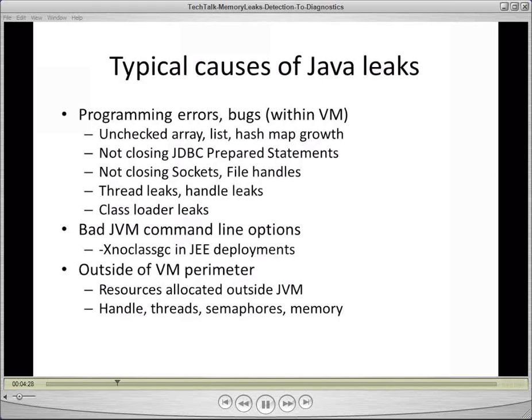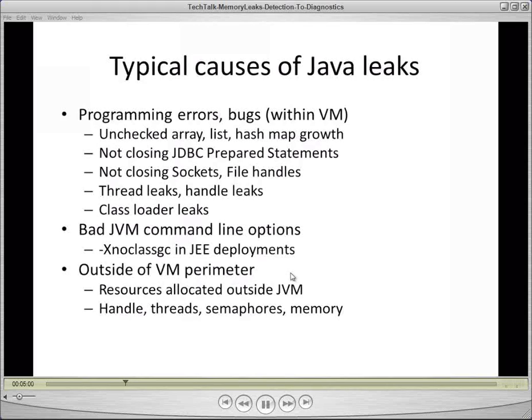For example, developers forgetting to close prepared statements, such as prepared statement sockets or file handles, and not realizing that just by exiting a routine, even though some of the memory may actually get reclaimed, the underlying resources are still intact. Thread leaks and class loader leaks are typical, and especially class loader leaks are very common within the Java containers or Java J2EE containers.